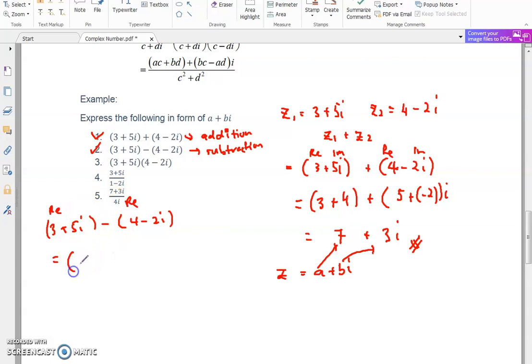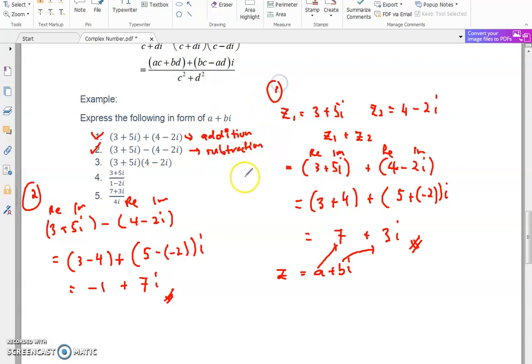So you are going to minus it, so 3 minus 4. At the middle here is always plus, please do remember that. And you will get the imaginary part and also the imaginary part here. So it will be 5 minus minus 2, and that's i there. So it will be negative 1 plus 7i. This is your final answer for question number 2. This is for your question number 1.